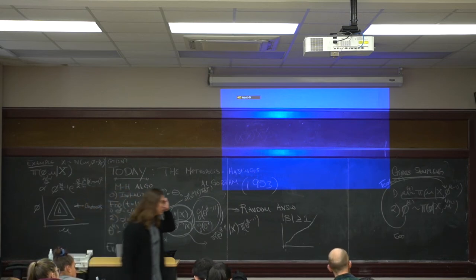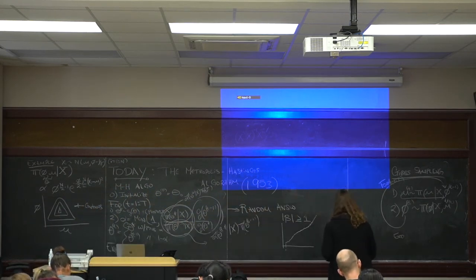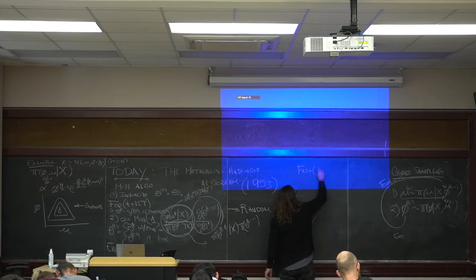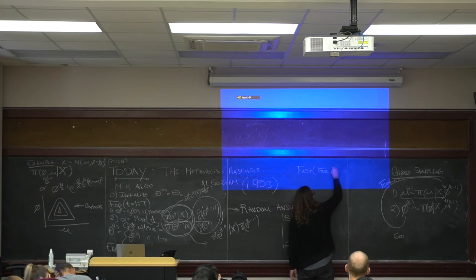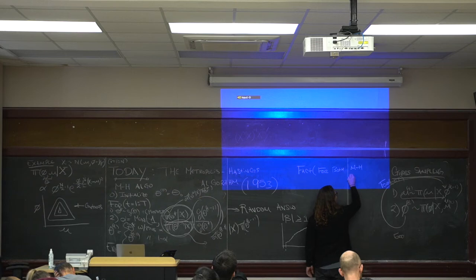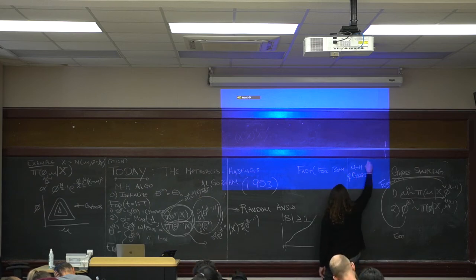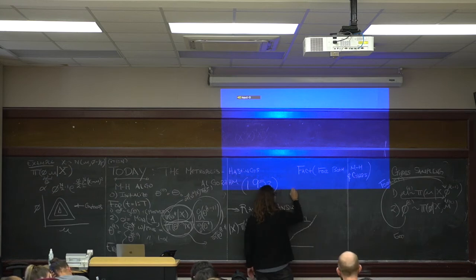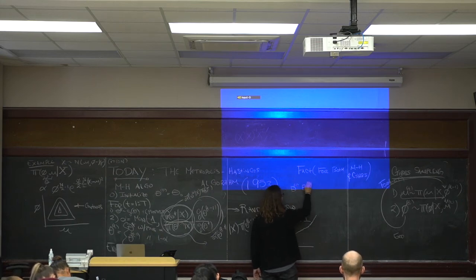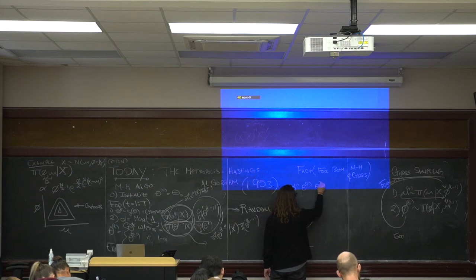Here's a fact. This is for both Metropolis Hastings and Gibbs. I'll get a collection of values: theta_1, theta_2, theta_3.